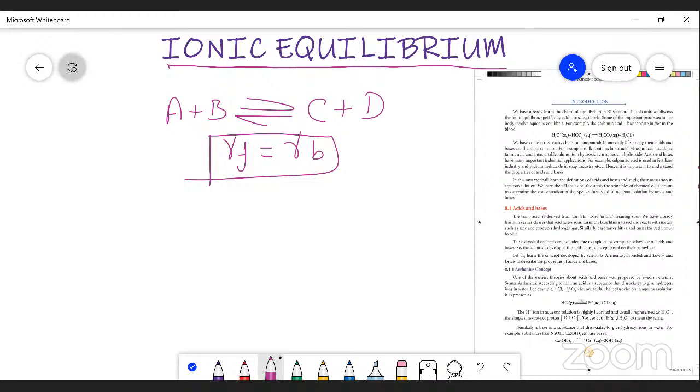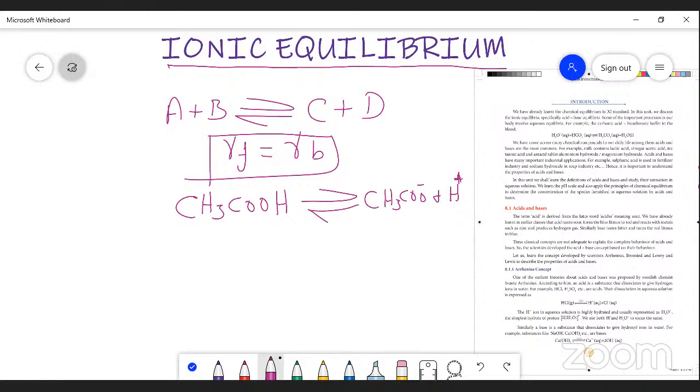In ionic equations also you may find equilibrium, and that is called ionic equilibrium. For example, take an acid, acetic acid. When it is dissolved in water, you get an acetate ion, CH3COO minus, plus hydrogen ion.